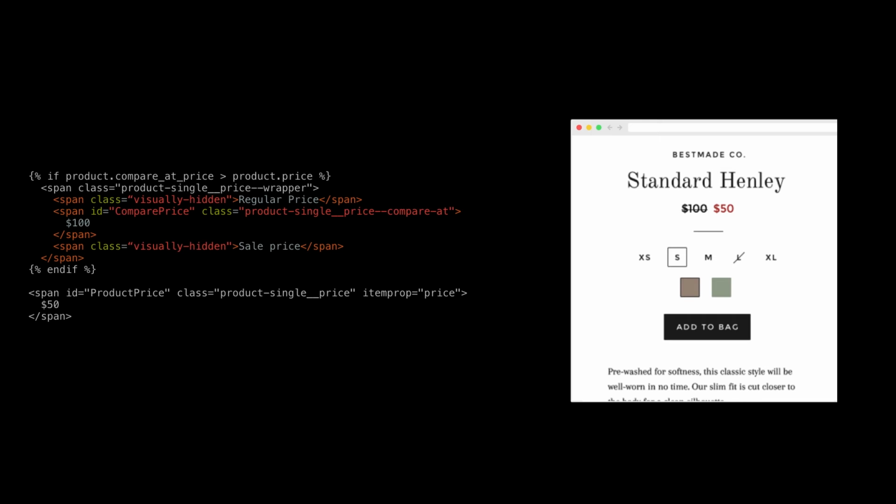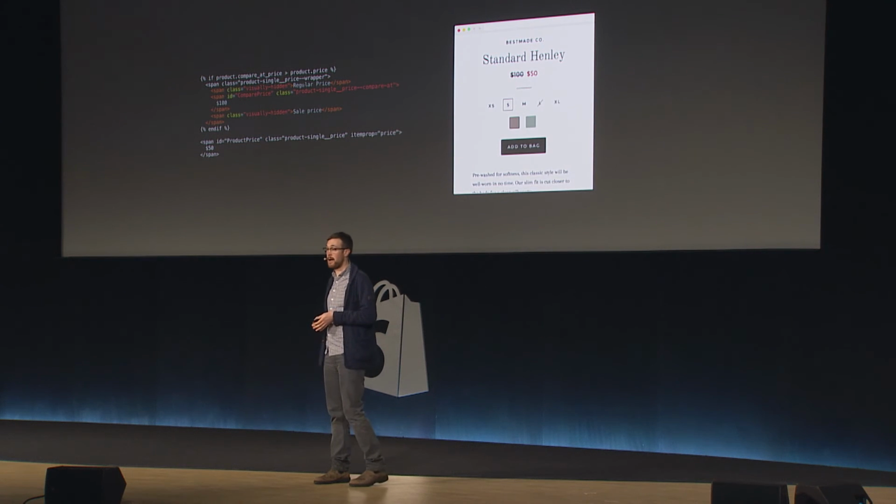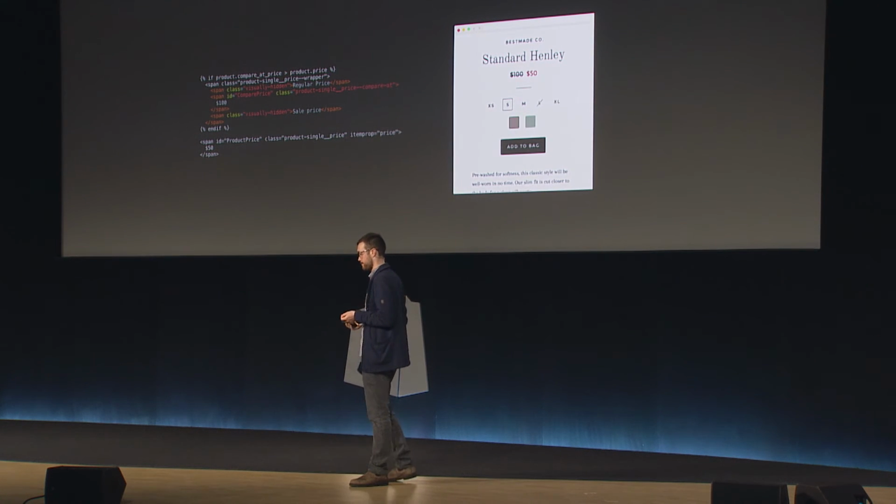And you don't know which price you're actually paying, or maybe one price is for one variant and the other price is for another. If you don't have those visual cues, it's very hard to understand. So all we've done here is actually just add in again a visually hidden span, which announces either regular price and then sale price, and that's been a really good pattern for us across a couple of our themes.